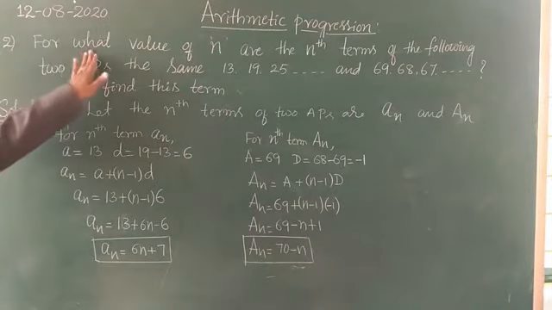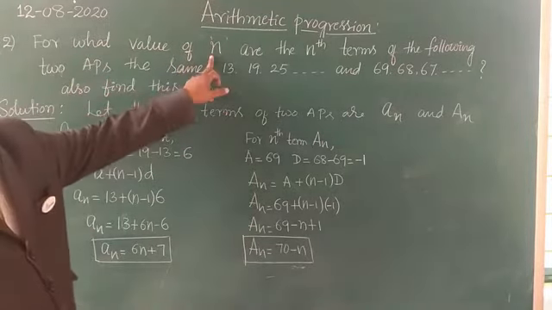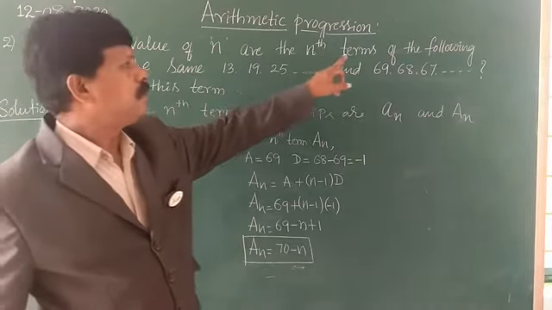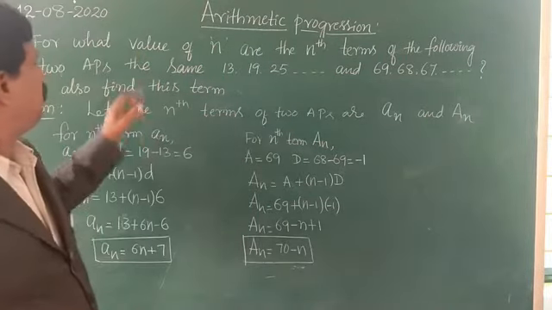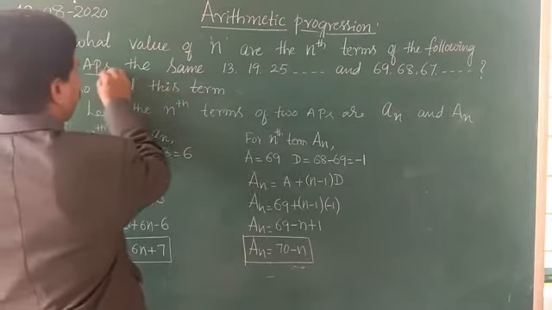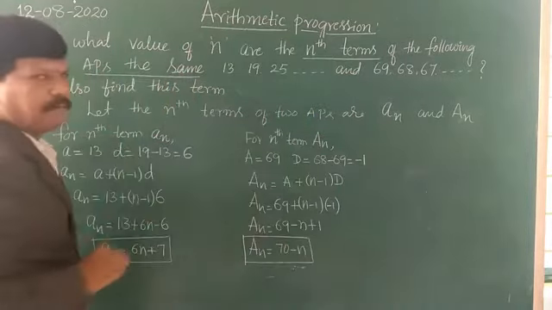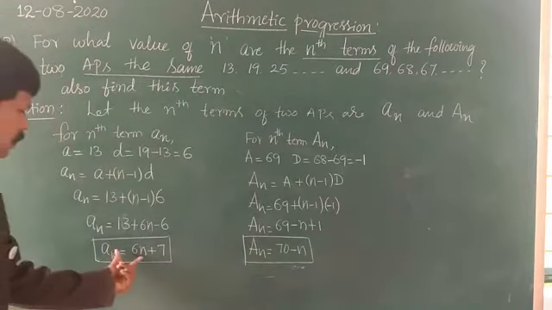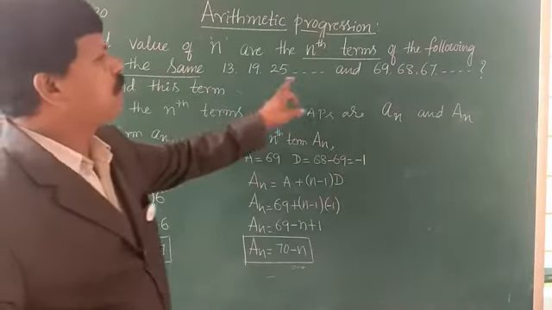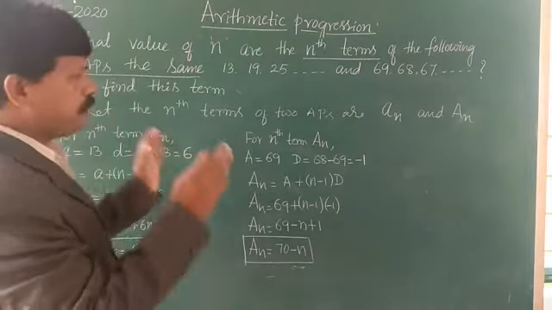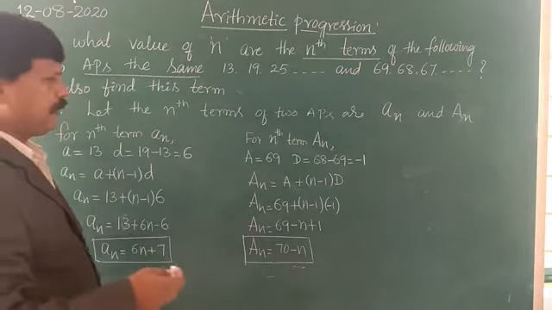Here, for what value of n are the nth terms of the following APs same? Nth terms are same. Okay, these are the nth terms of these two APs. So these two APs are same, they are given that.